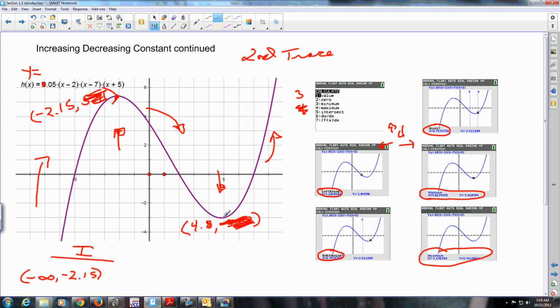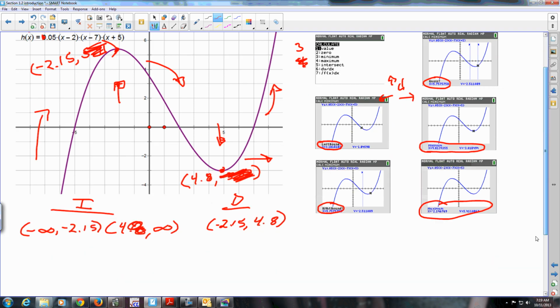And then from the point 4.8 to the right, so it's also going to be 4.8 off to infinity. And it's decreasing from negative 2.15 to 4.8. That's the interval that it's decreasing, and you're only looking at the x values.